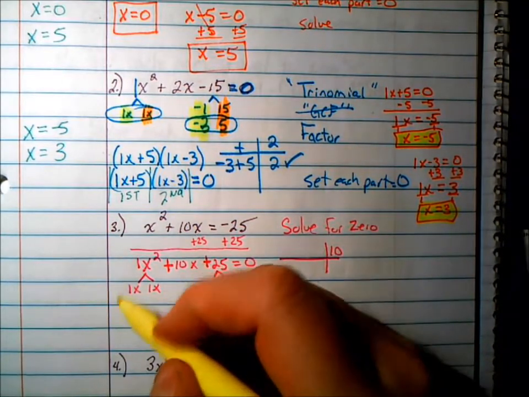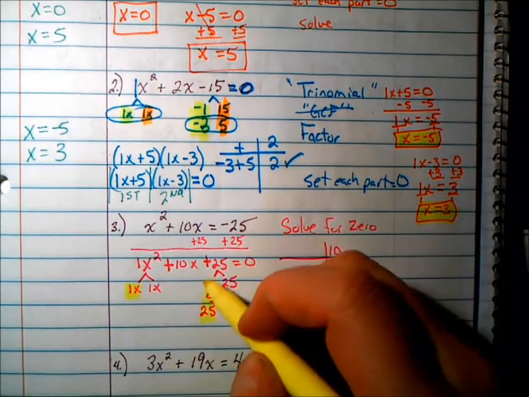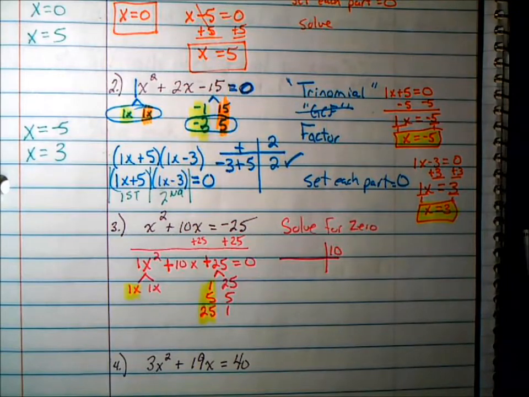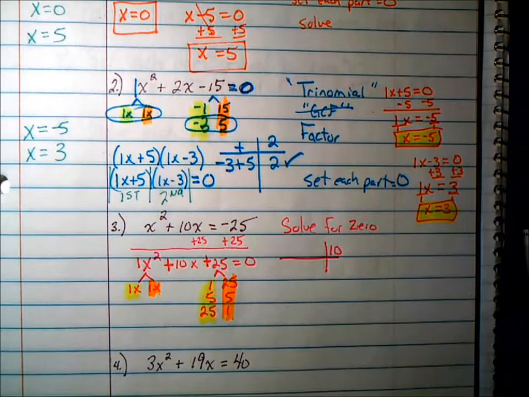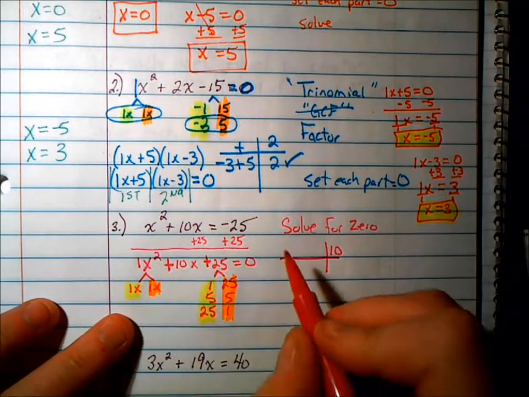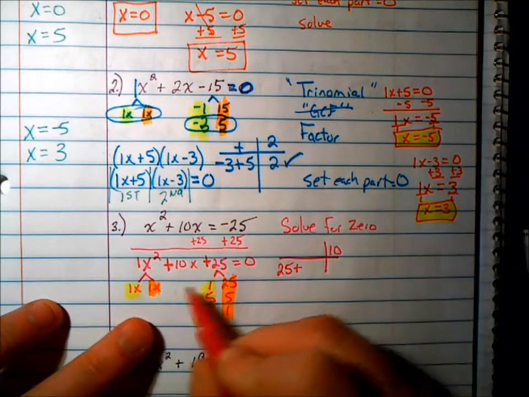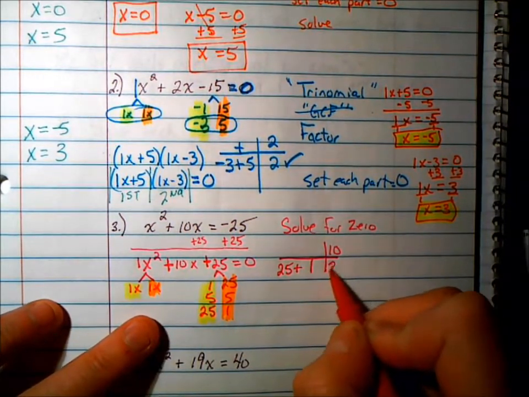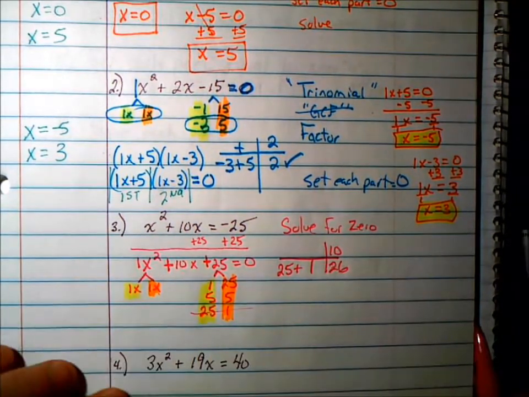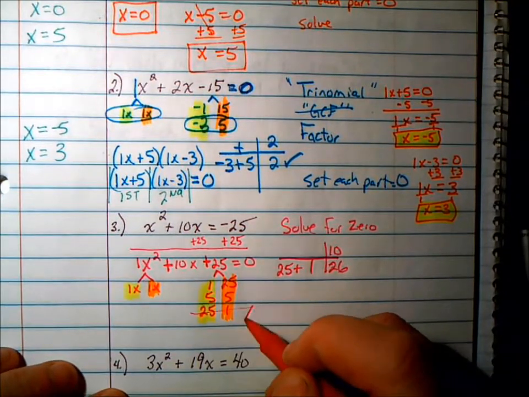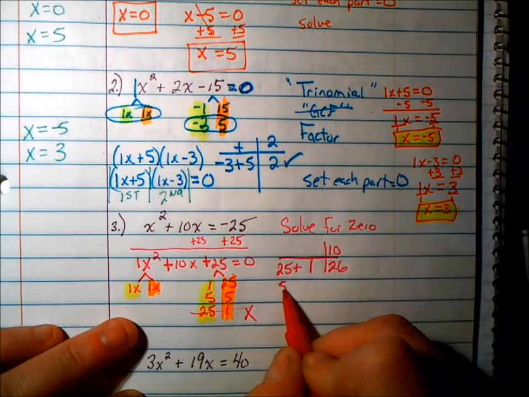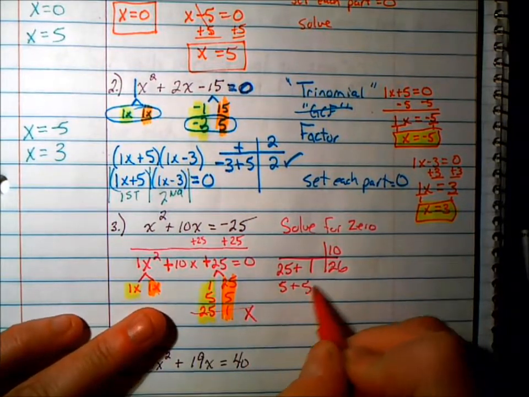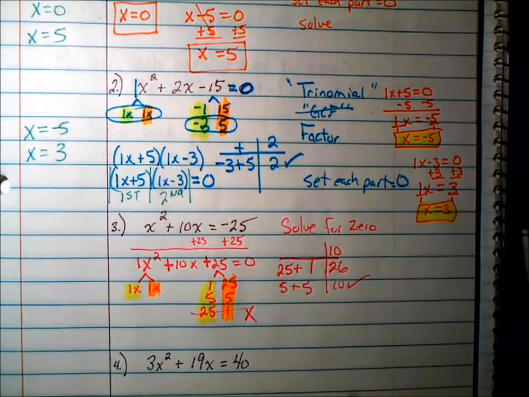So when I multiply my first columns, and I highlight my second columns there, I do 1 times 25, which is 25, plus 1 times 1, well, that's 26. That's not my answer. If I go to the next column, 1 times 5 is 5, plus 1 times 5 is 5. That gives me 10, and there's my answer.